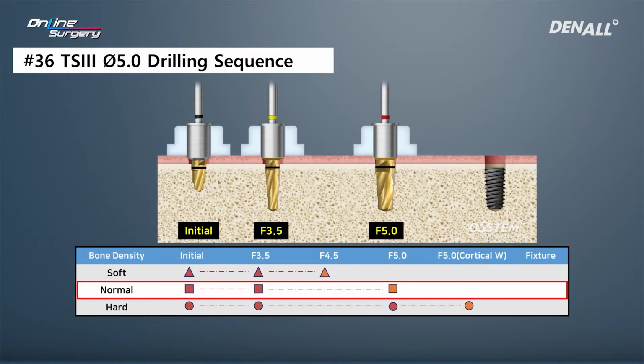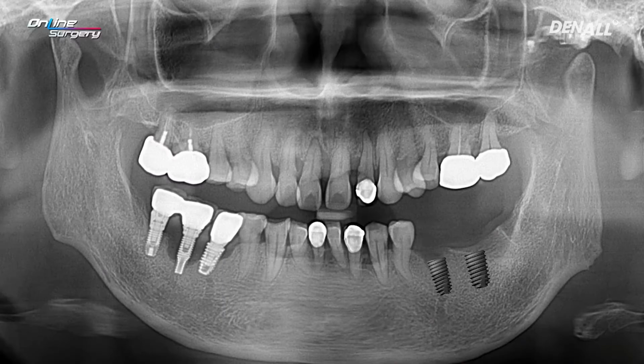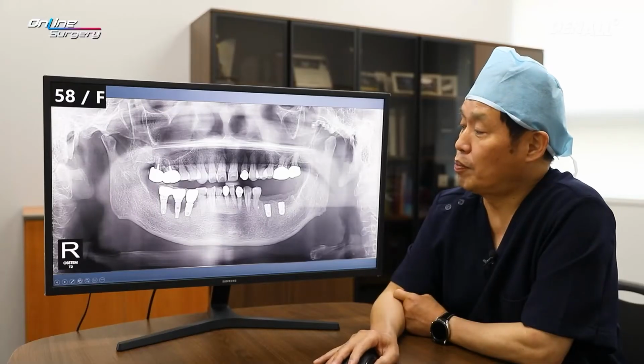After initial drilling, diameter 3.5 and 5.0 drilling was done for implant placement. As shown, 2 implants will be placed in number 5 and number 6 for occlusion with the antagonistic teeth, and in the area with alveolar bone missing, bovine bone is going to be used for bone graft.